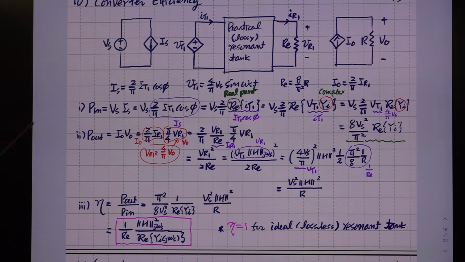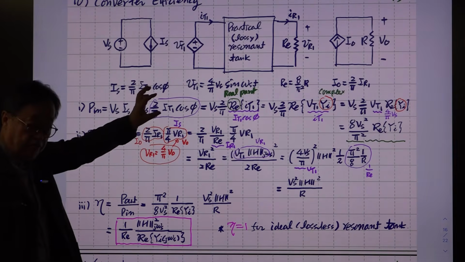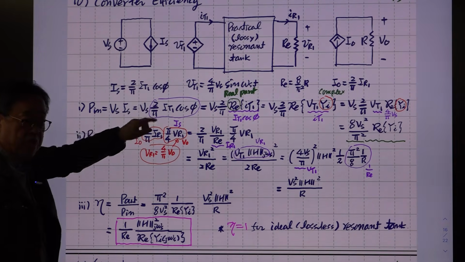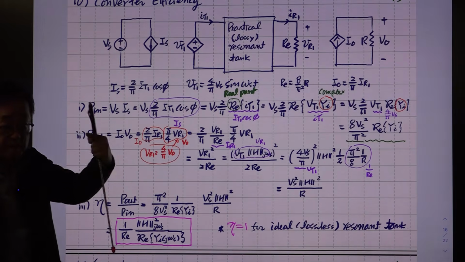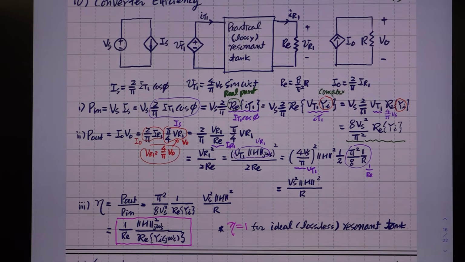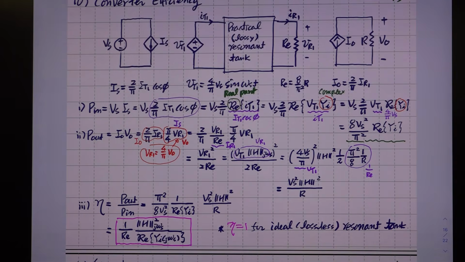It does not have to be this simple RLC type. Any complex circuit can come here, as long as they have one incoming path and one outgoing path. That is the series resonant tank. So this one is applicable to any series resonant tank.